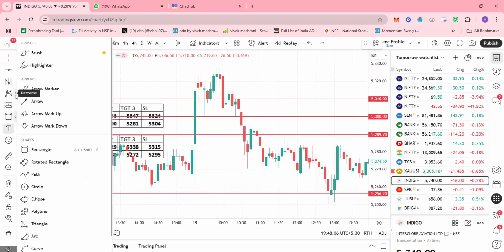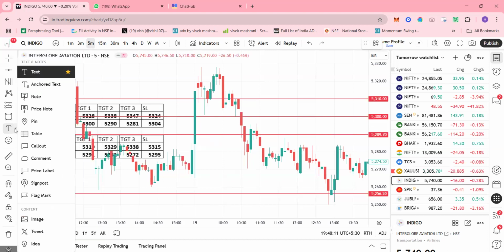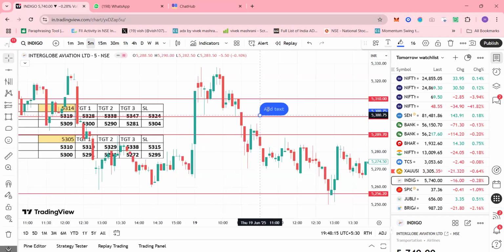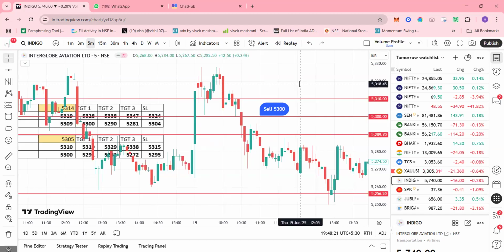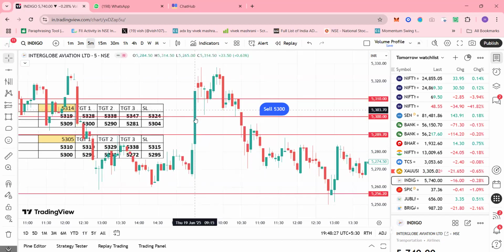See how beautifully it has helped you. 5300 is a sell, right? 5272 is the target. It has gone below all the targets. See how the market trapped.